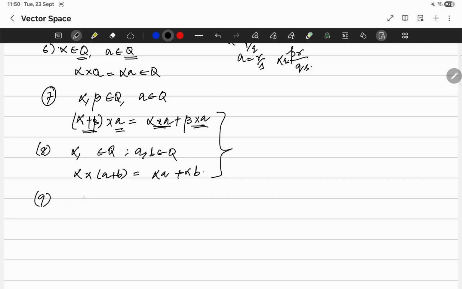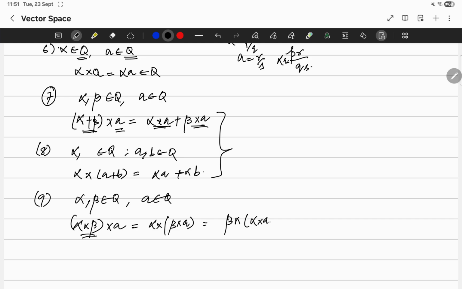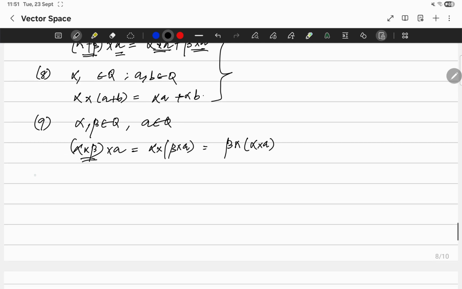Okay, ninth: if alpha and beta are two rational numbers and A is any rational number, then (alpha times beta) times A will be alpha times (beta times A), or you can just change it because it is commutative, so beta times alpha times A. Similarly, the tenth property is that there is a rational number which, if you multiply it with any rational number, you will get the same; that is our 1.